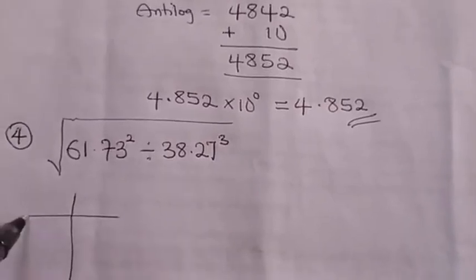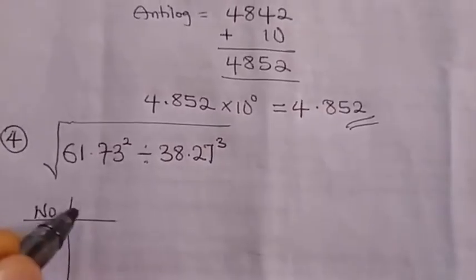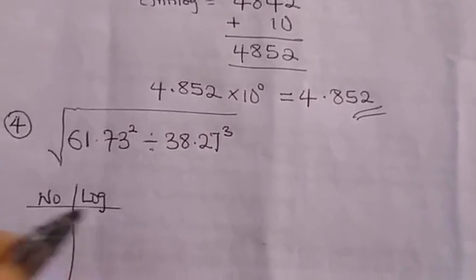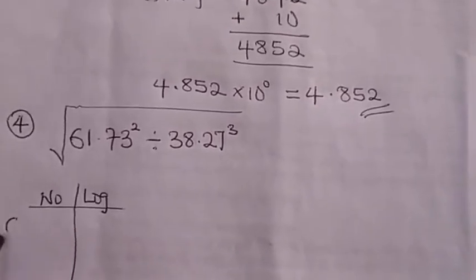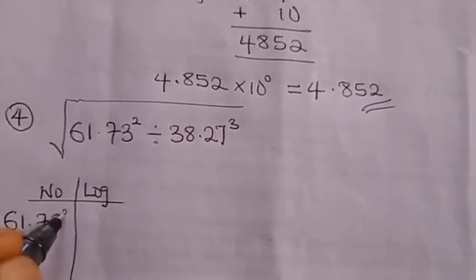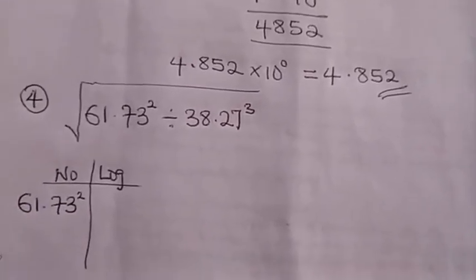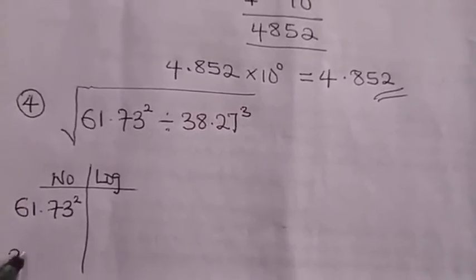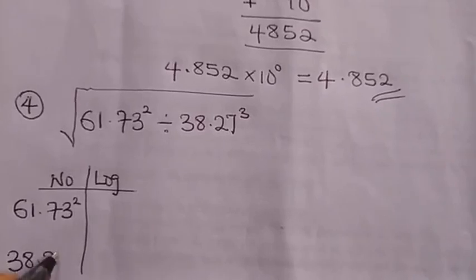So the numbers here, we have 61.73 squared, and the second one we have 38.27 cube.